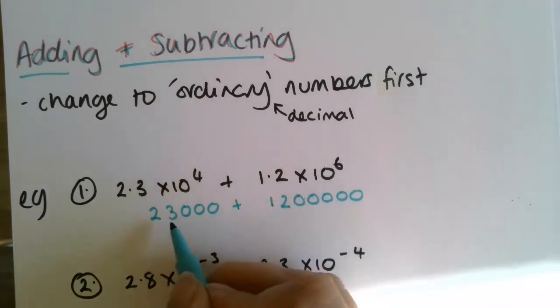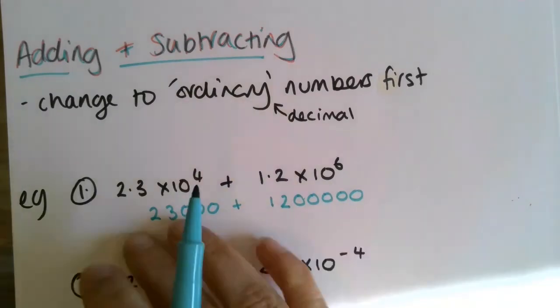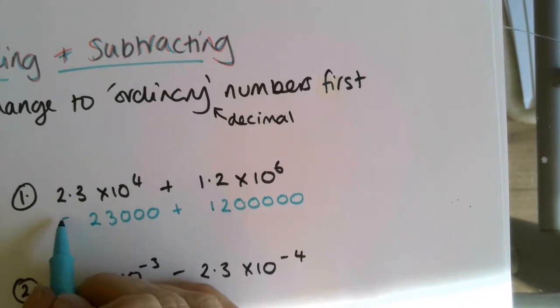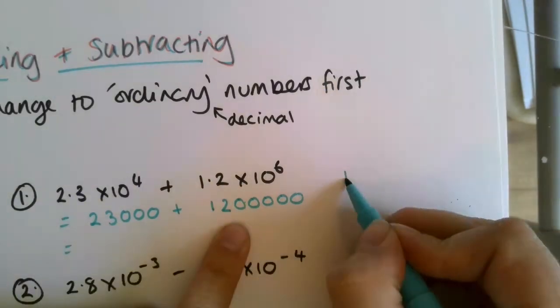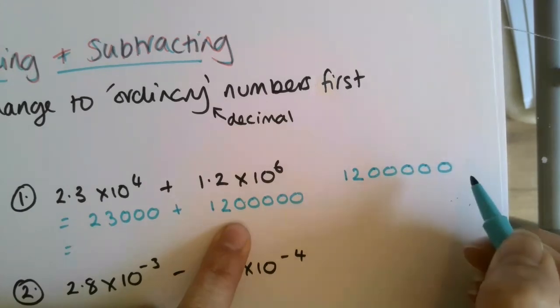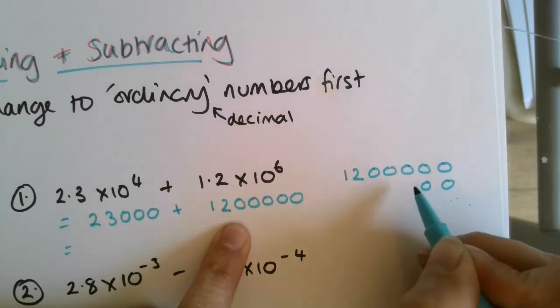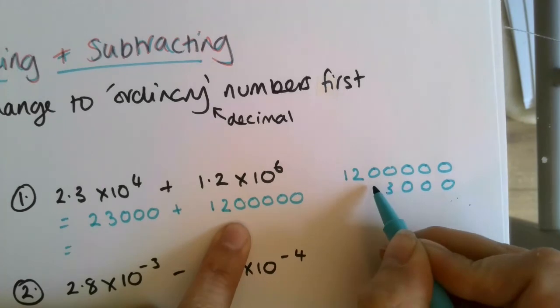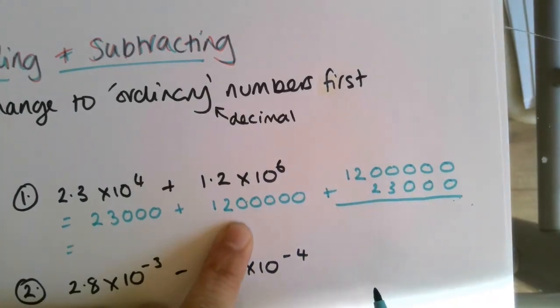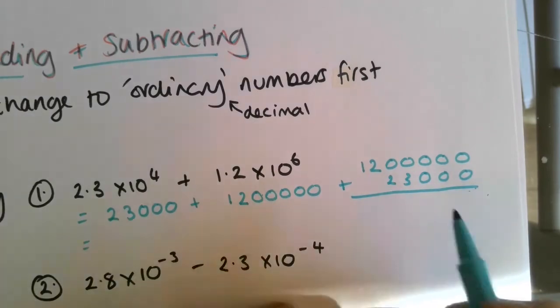Now, if I just try and do this right now, I will mess it up. So I do really need to rewrite it. Didn't put my equals sign in there, look. So, and be super careful here that you line everything up properly so that everything keeps its proper place value.